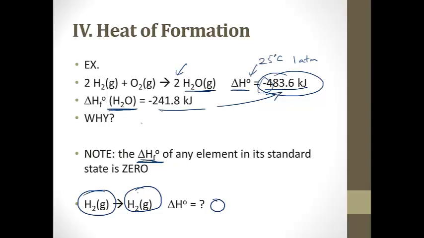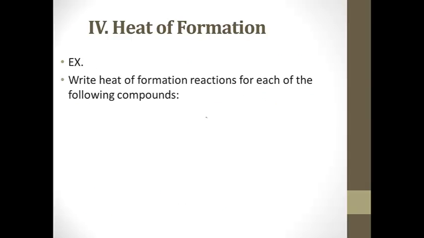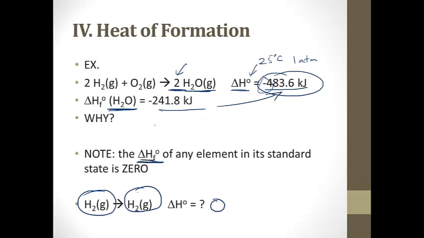So what should the actual reaction be to make water? Well, we have to make 1 mole of water from its elements, H2 and O2. But you cannot put a coefficient here. The coefficient has to be 1. So to properly balance this reaction, you have to use a 1/2 here.